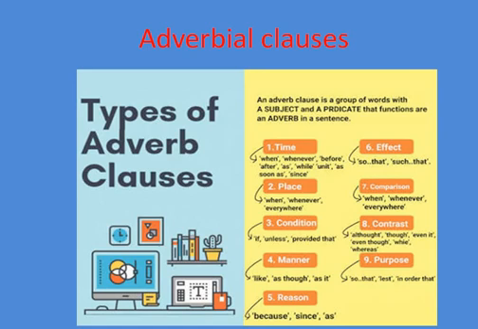If you're talking about place, you can use conjunctions like where, wherever, everywhere. In case of condition: if, unless, provided that. For manner, you can use conjunctions like as, as though, as if. To talk about reasons, you can use because, since, as.